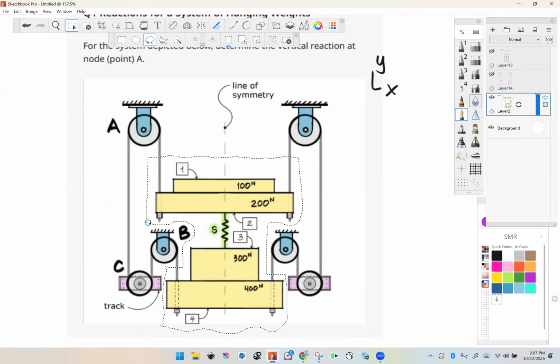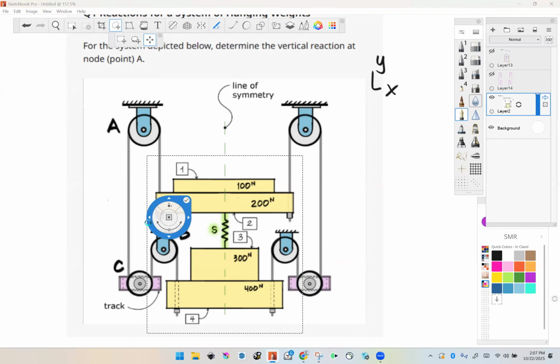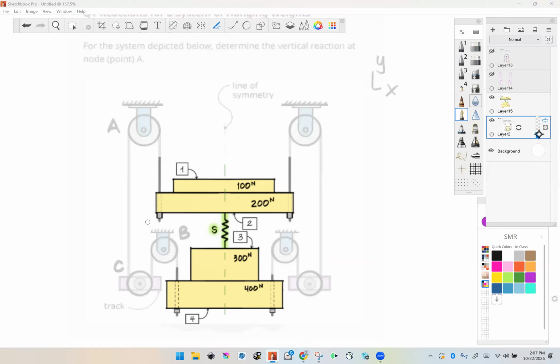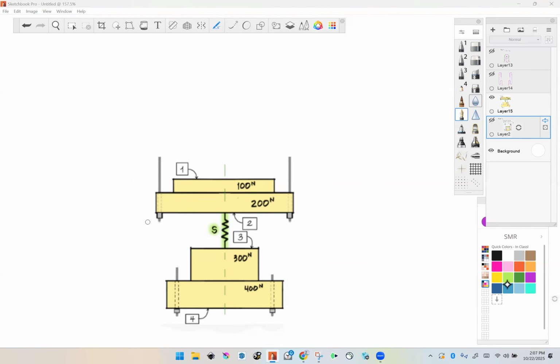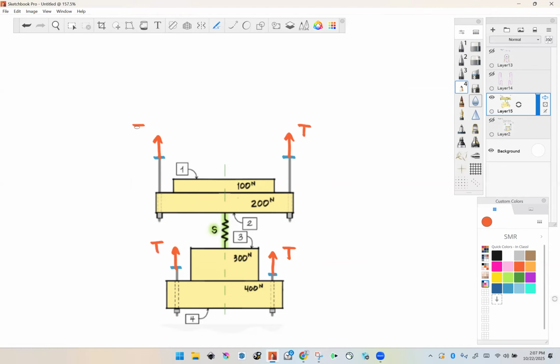But if I just grab this much of my structure, then in order to create this free body, all I have done is cut the cable 1, 2, 3, 4 times. And so I have 4 tension forces. So I can solve for that very quickly.